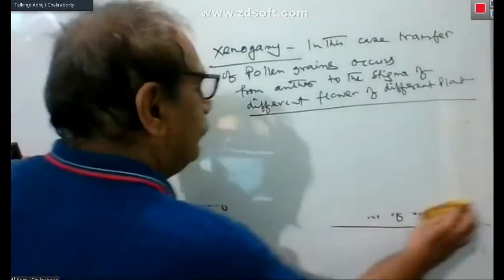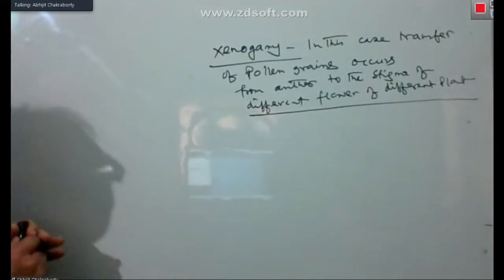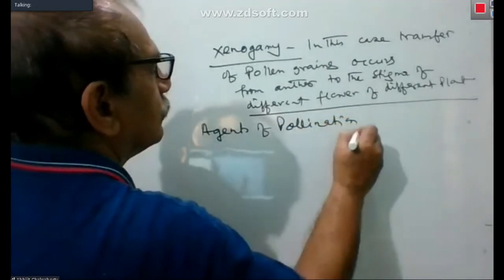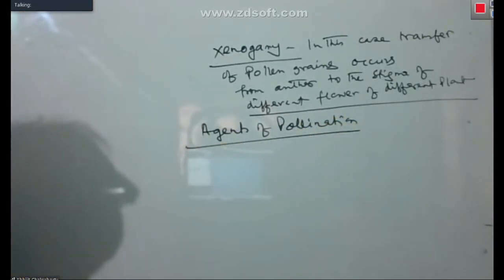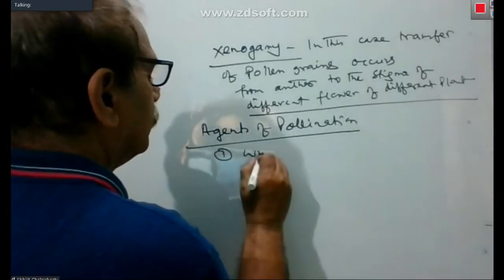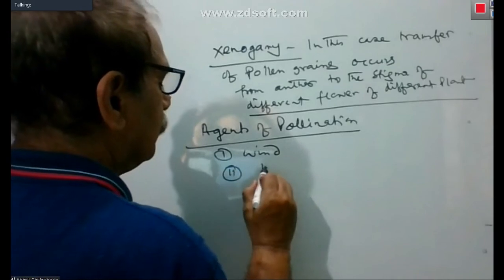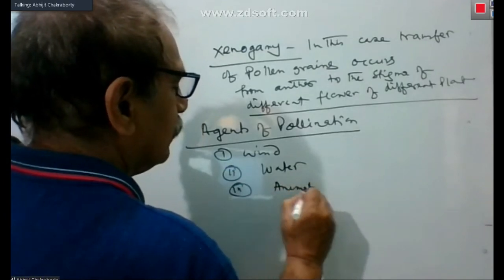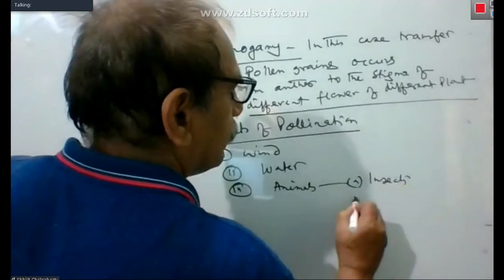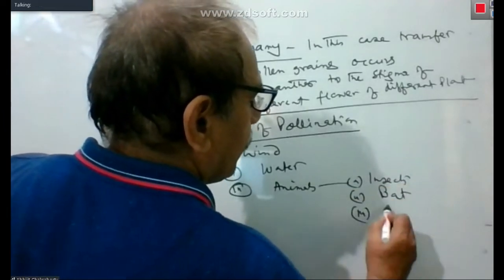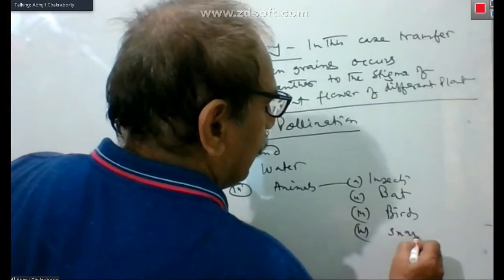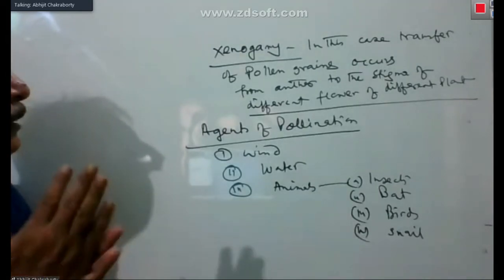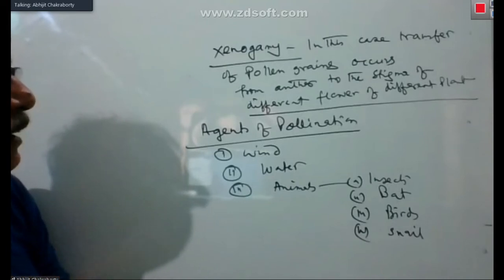Now the next topic is agents of pollination: wind, water, and animals, such as insects, bats, birds, snails, etc. You can classify wind, water, and animals as one group, and among animals you will get insects, bats, birds, and snails.